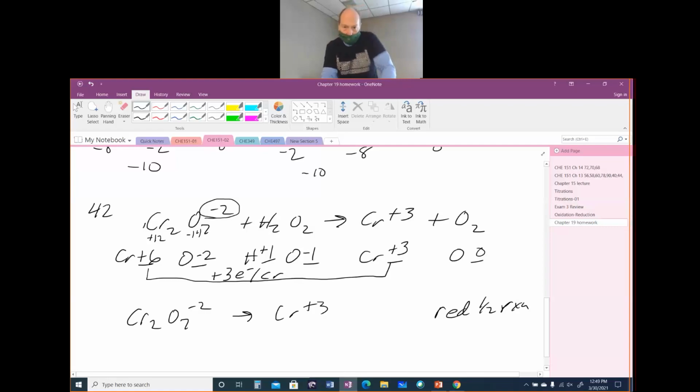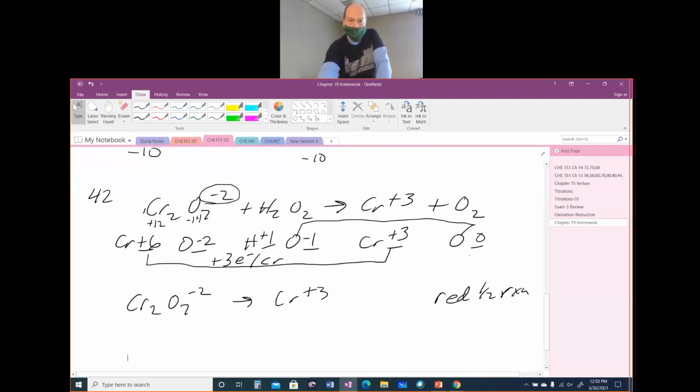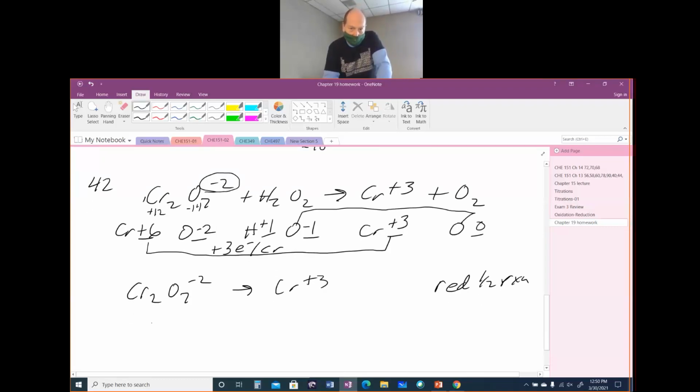When we look at our oxygen, we have our peroxide that is going from an oxygen that is a -1 to an oxygen that is 0. So it is increasing oxidation number from a -1 to a 0. And so that is your oxidation half reaction, your H2O2 going to O2.